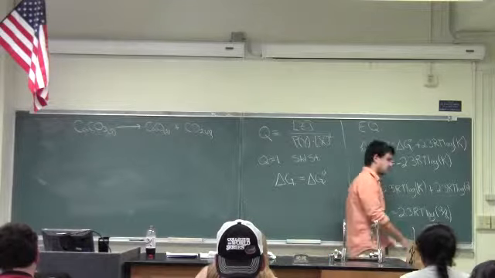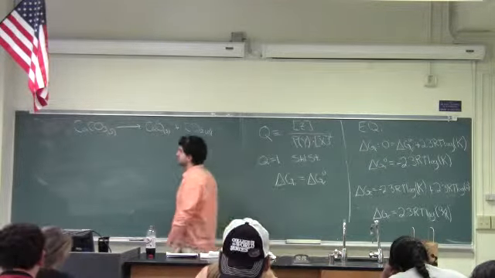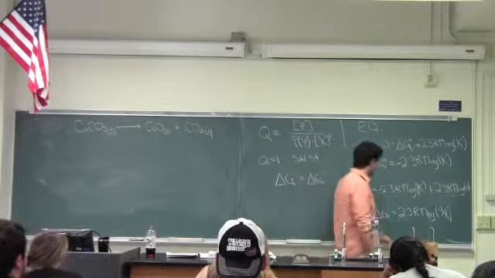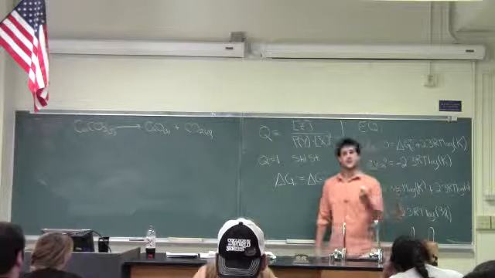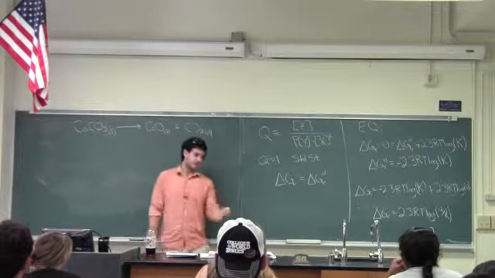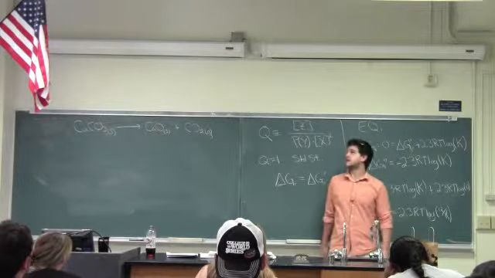Now, if we think about this reaction at room temperature, for starters, I realize I've got a lot of calcium carbonate here, and not all of it's falling apart. So, quick real-world example.